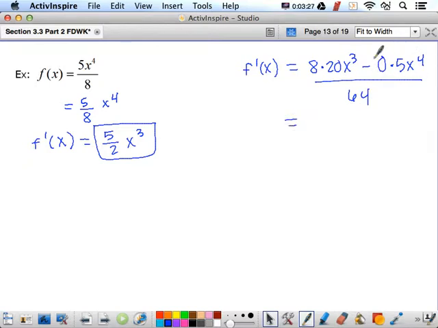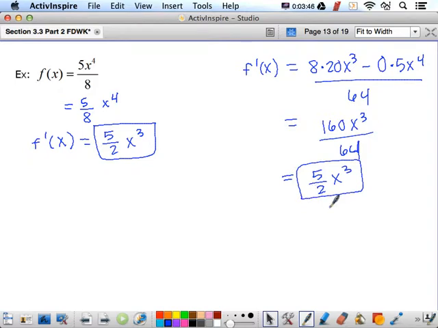This would go to 0. We would have 160x cubed over 64, which I'm hoping reduces to 5/2. Does it? 160 over 64? Yes. Okay. So 5/2 x cubed. Either way, you would get the same thing. But I think it is easier when there's a constant on the bottom not to use the quotient rule.